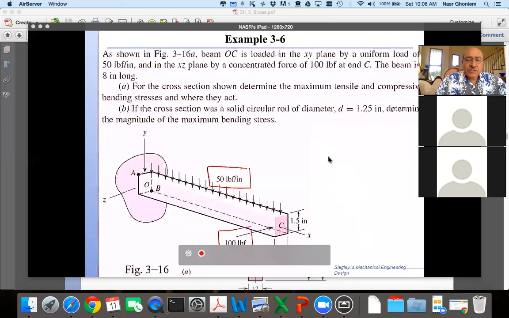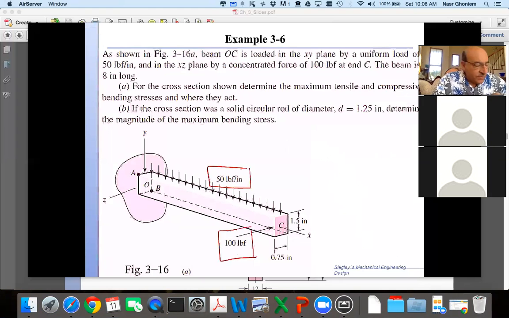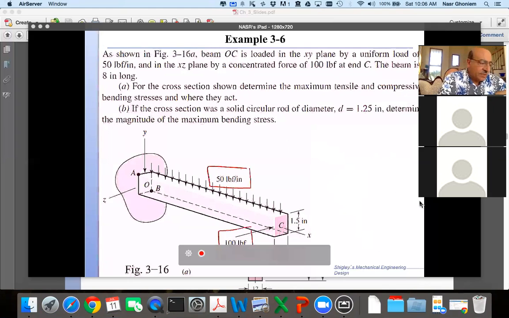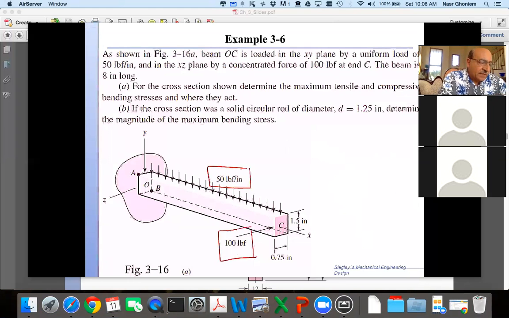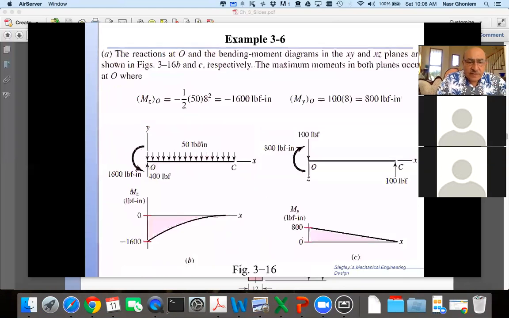Okay. So these are the two sources that we deal with, and they can produce two types of moments. One is due to a uniform loading in the negative y direction, and one is due to a concentrated load. We have to make two different moment diagrams, and they are here. Due to the uniform loading, if you integrate twice, you get a parabola.